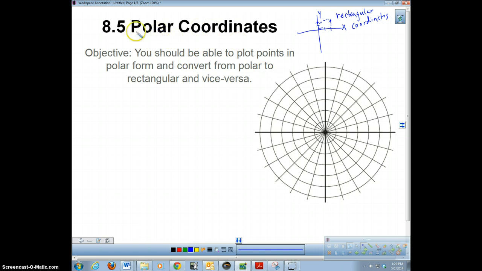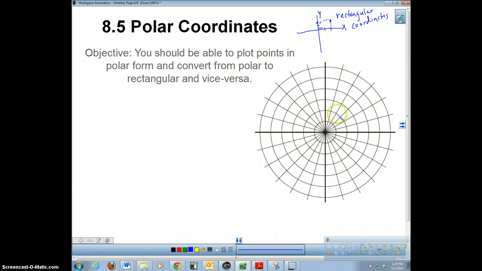And polar, you should recognize polar, pole meaning circular. So we're looking at some sort of circular coordinate system. And it really comes down to the angles in this and the radius of the circle.